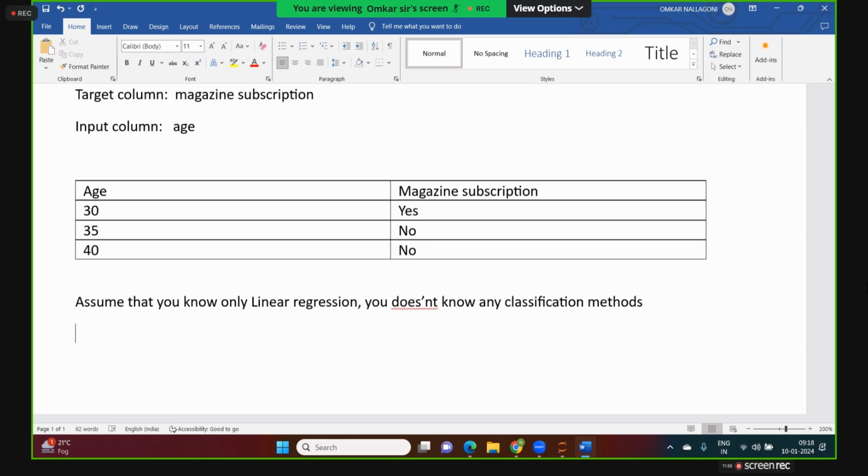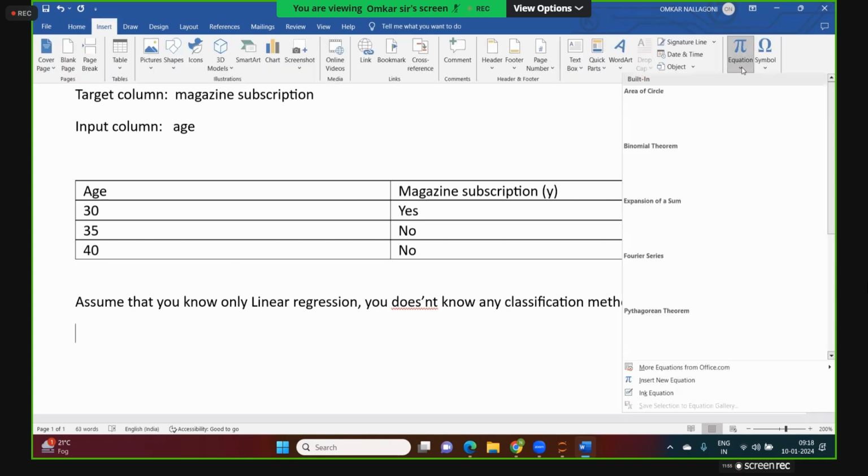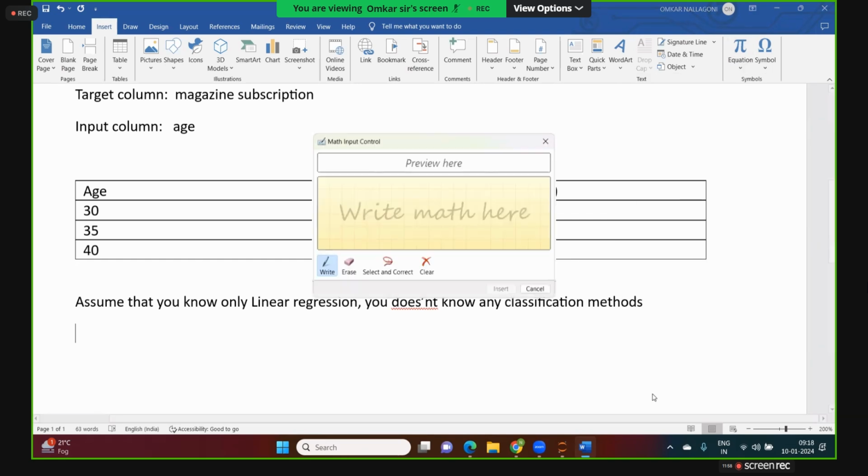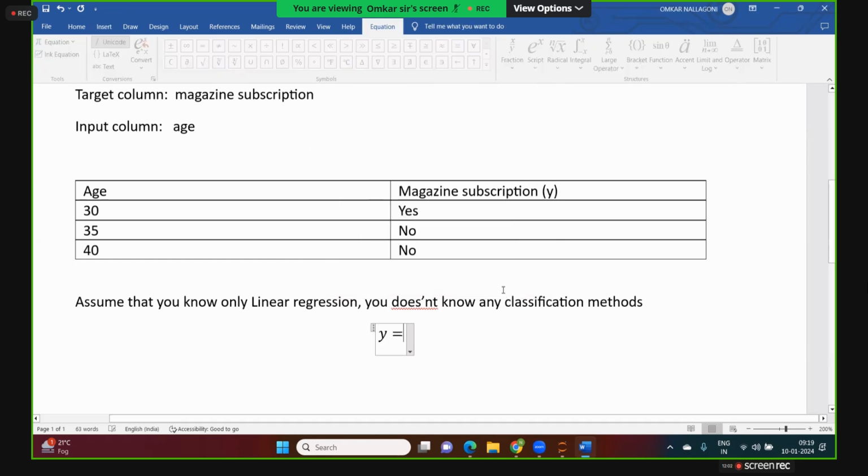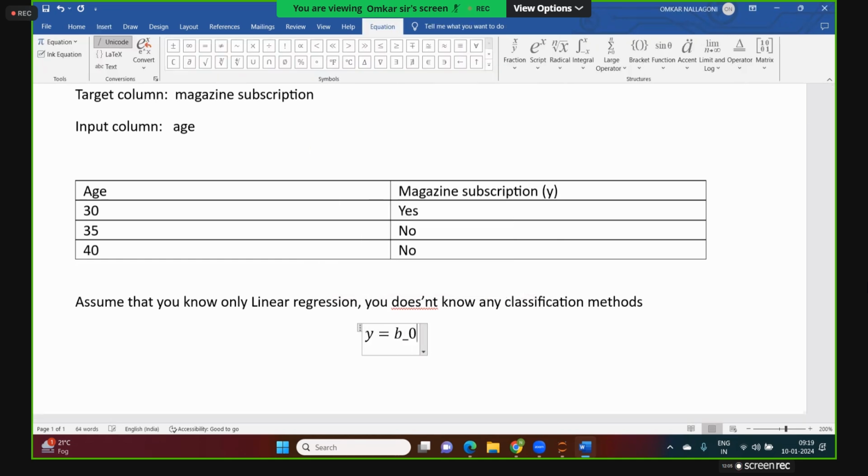So based on your logic, what will you write? Subscribe equal to beta naught. You will write an equation like this. Your output, this is y, subscribe. Y equal to beta naught plus beta 1 into age.